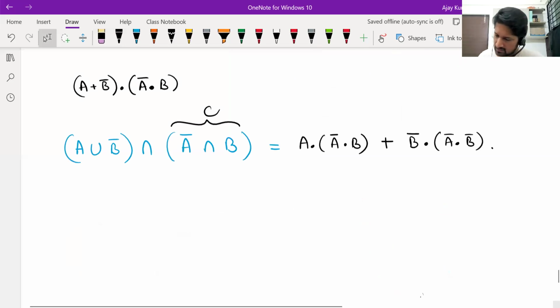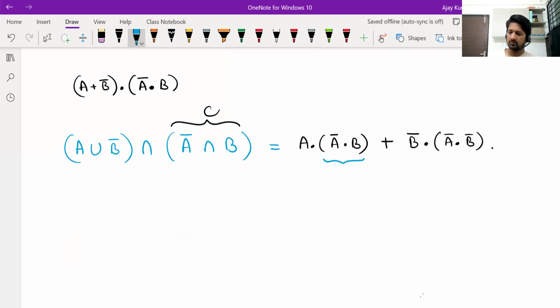Now you look at this. A bar dot B. A bar is the negation of A, the opposite of A, intersection B. So basically, A bar dot B means something which is not in A but there in B. Dot means AND.